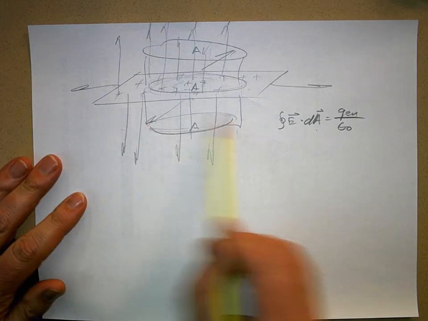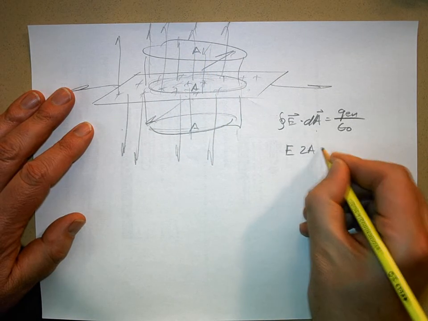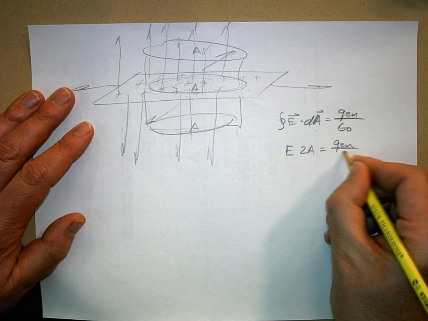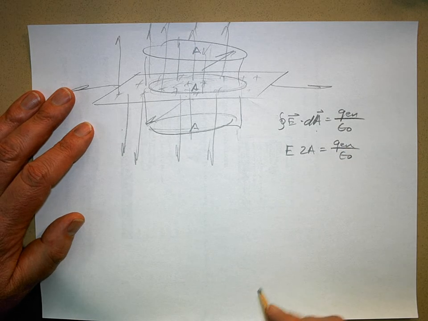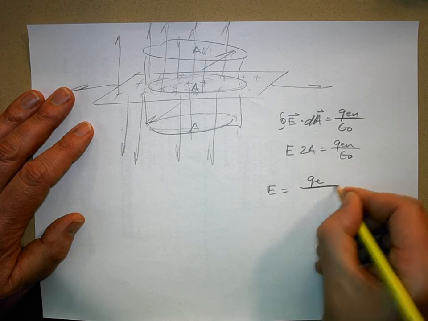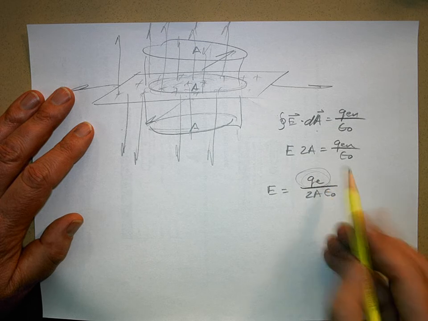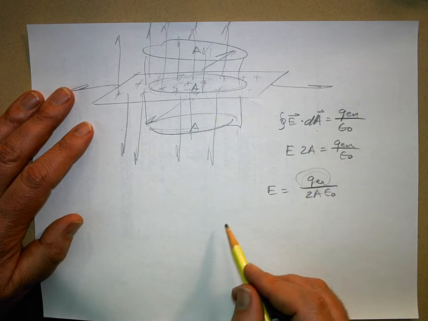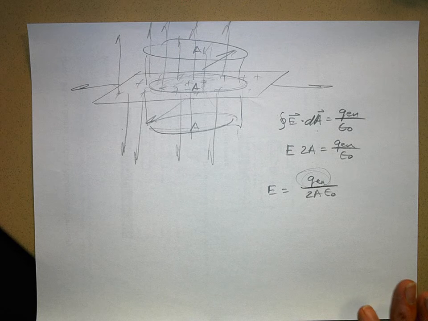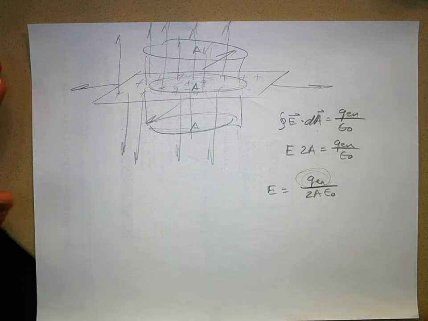So this is just E times 2A equals Q enclosed over epsilon naught. So this gives me E equals Q enclosed over 2A epsilon naught. But how much charge is enclosed in there? Well, one thing I've neglected, because this little review is running into a 45-minute lecture now, just about done, is charge densities. Okay?